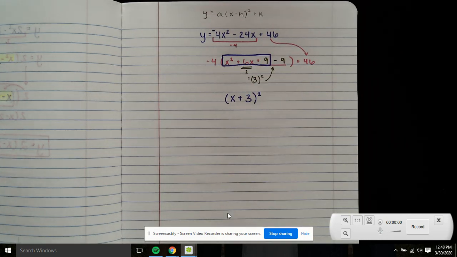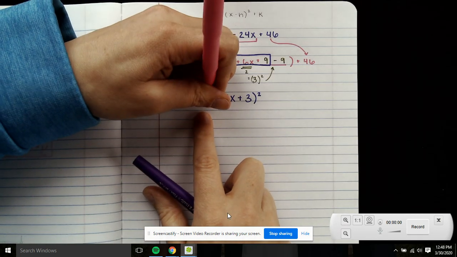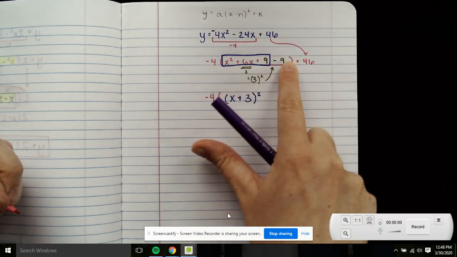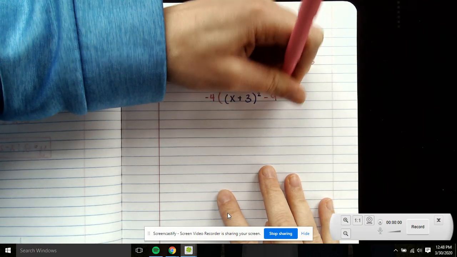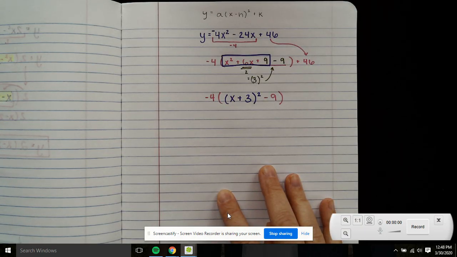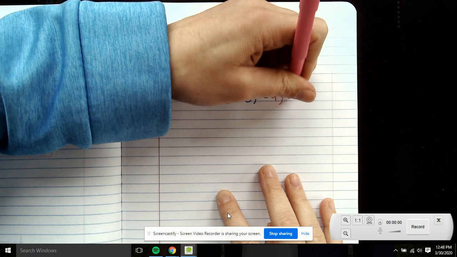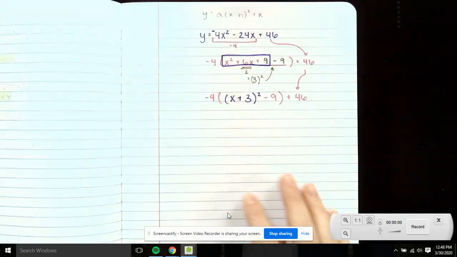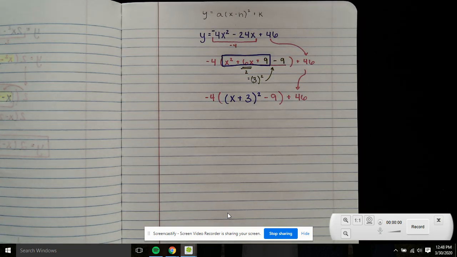So now I have -4 times x plus 3 squared, and then I've got the -9 also in those parentheses. And then I've got plus 46, again, just kind of traveling off on the end. Never gets touched until the very, very end.